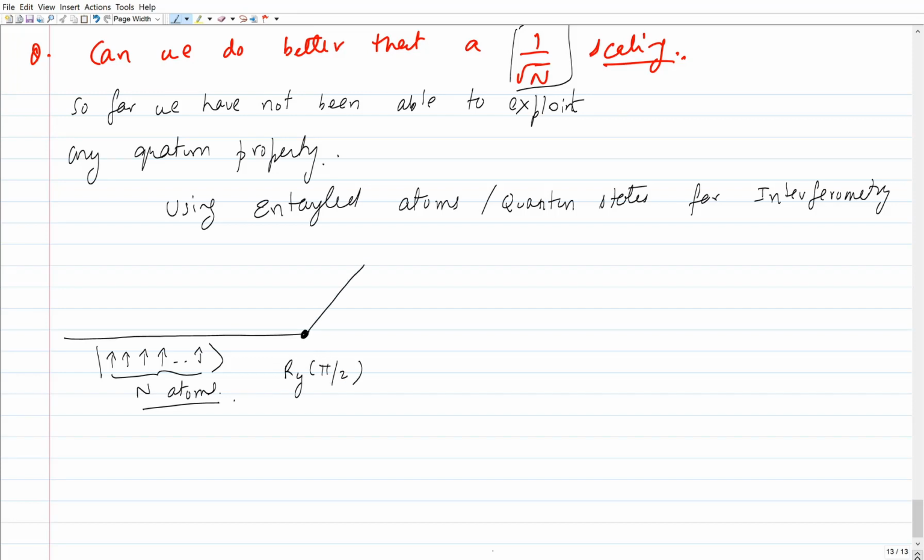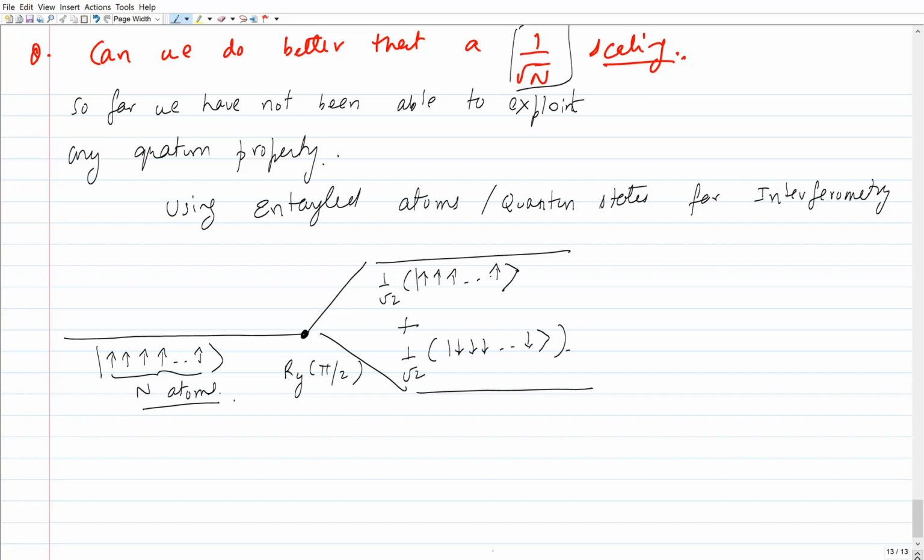So what happens is that I create a superposition, and this is a very interesting superposition. It is n of them all having the up spin simultaneously, and n of them having the down spin.